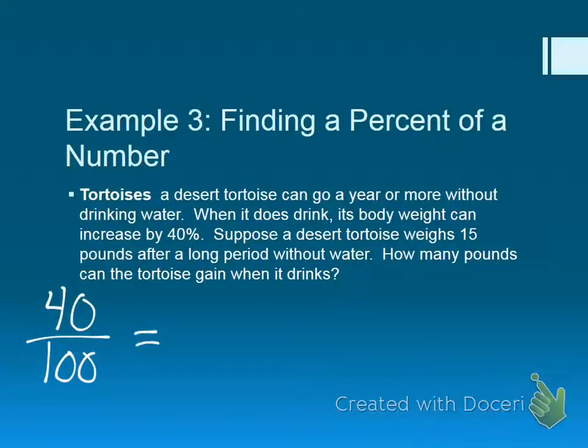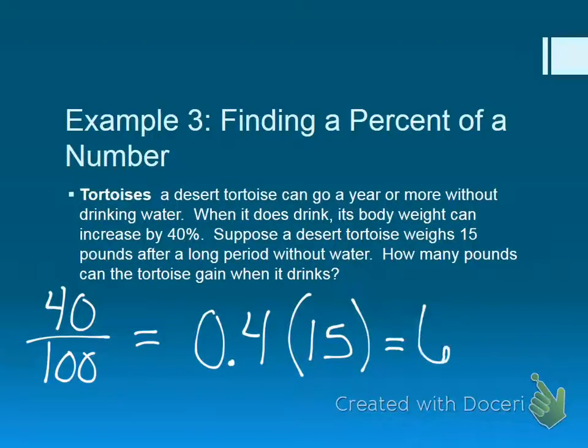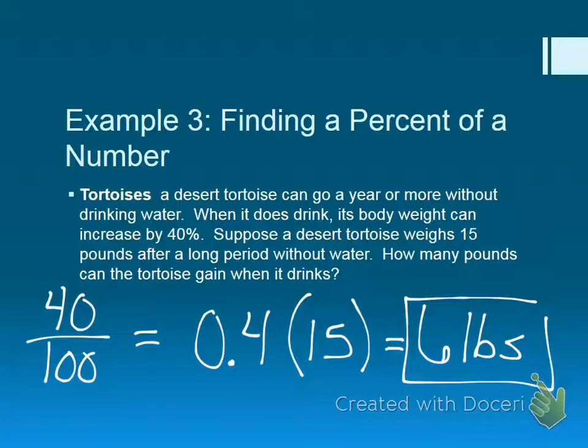So 40 over 100 is what as a decimal? If you're dividing by 100, you move your decimal left 2 places. 0.4. You take that number and you multiply it by your total to find how many pounds is 40%. 6 pounds. On your homework tonight, I want to see this decimal value.